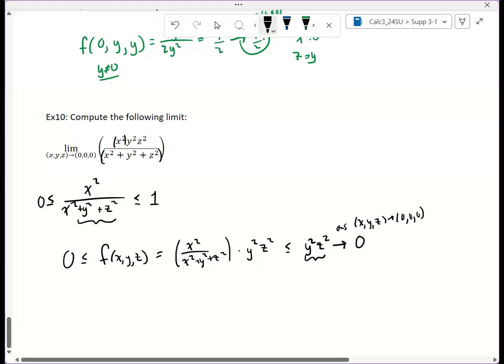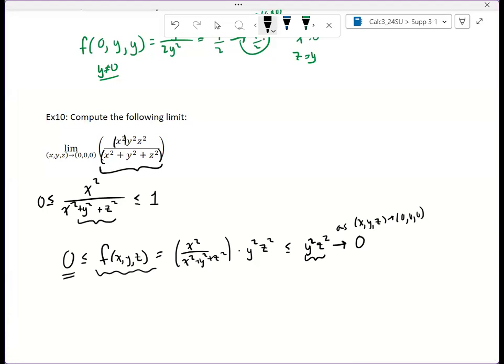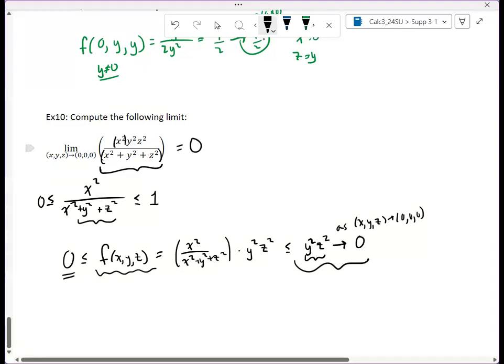Y squared times z squared has to go to 0 as y and z both go to 0. But again, my function that I'm interested in taking the limit of is stuck between 0 and something that limits to 0. This limit must be 0 at the origin.